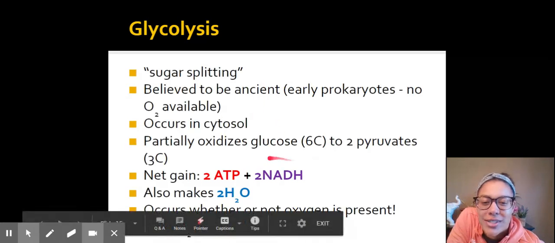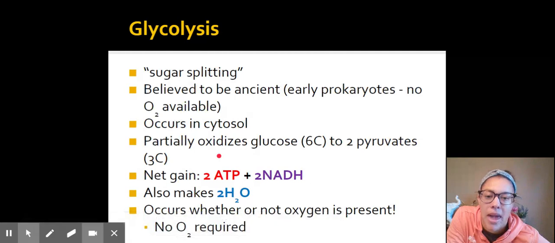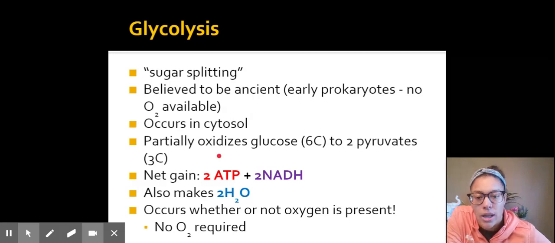There are kind of 2 steps to glycolysis. There's going to be an investment phase, and then there's going to be a payout phase for ATP, which I'll get into. But in the end, we're going to end up with a net gain of 2 ATP and also 2 NADH molecules. All right.